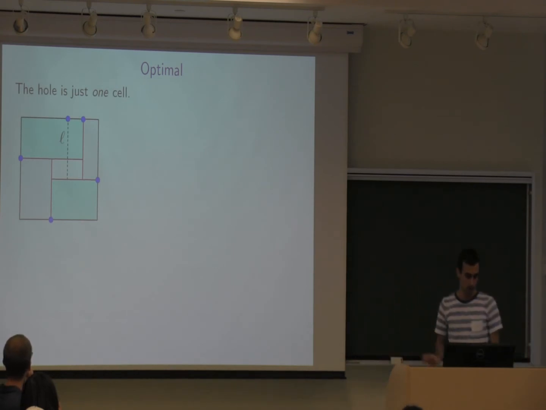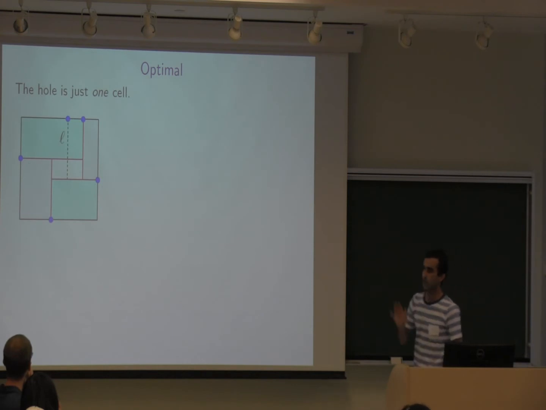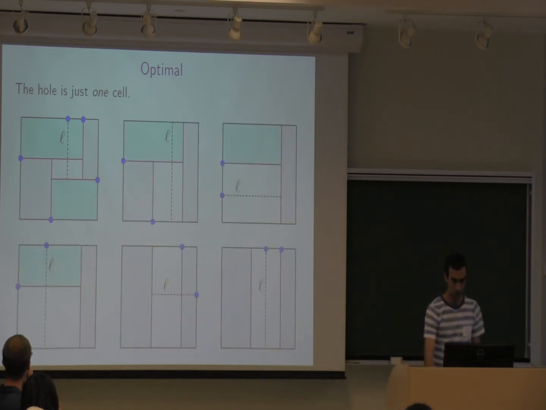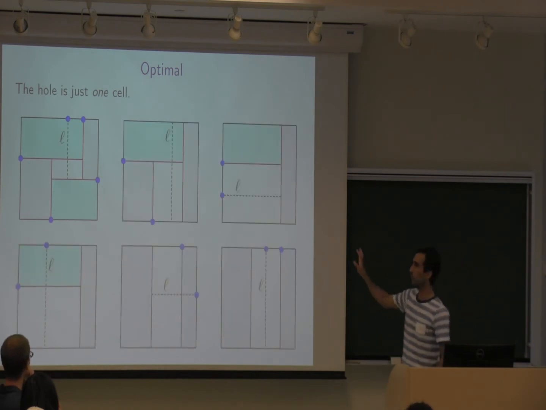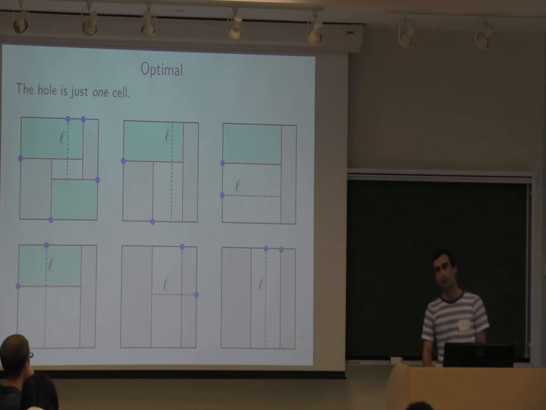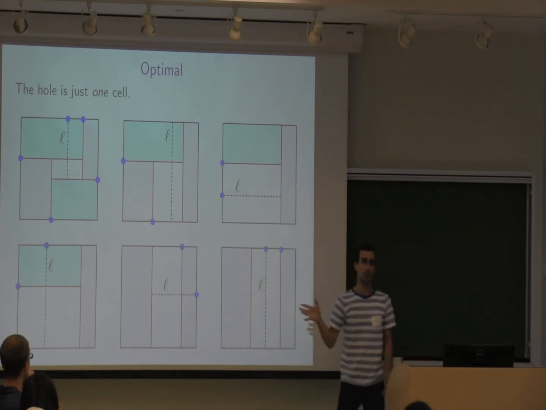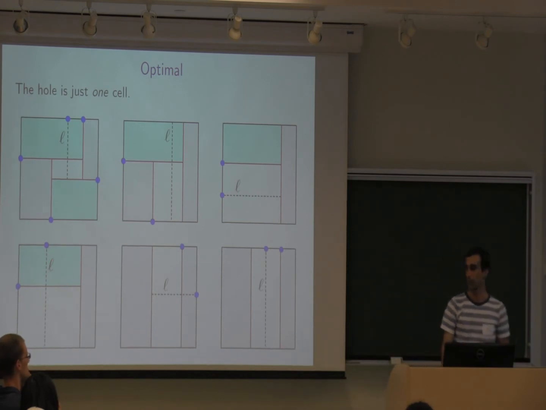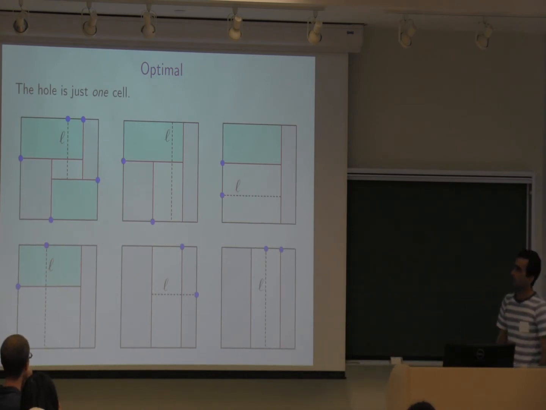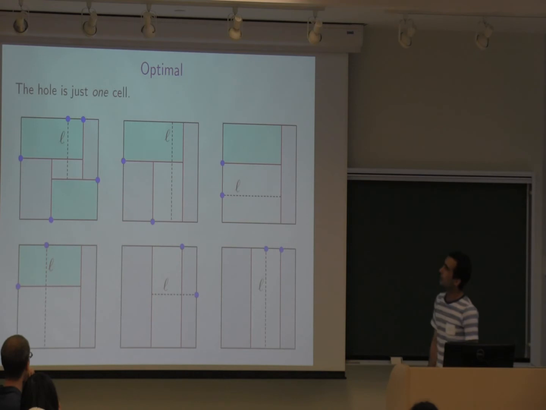Here I showed you the argument on one example, but in all cases we're able to show that you can always use one of the endpoint rectangles around L to get a better solution. So the hole that we had is only one cell of the grid.